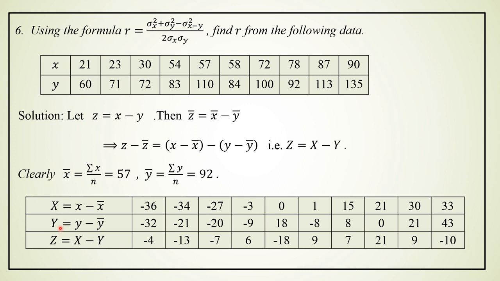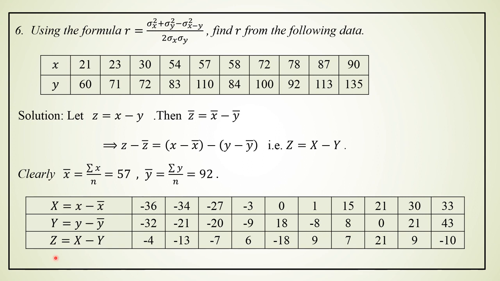Similarly, capital Y is equal to y minus y bar, that is 60 minus 92 is minus 32, 71 minus 92 is minus 21, 72 minus 92 is minus 20, 83 minus 92 is minus 9 and so on.